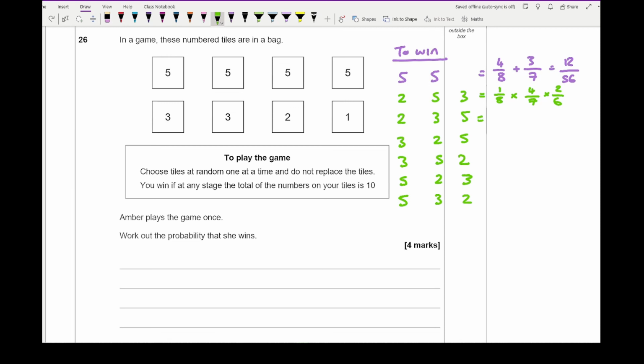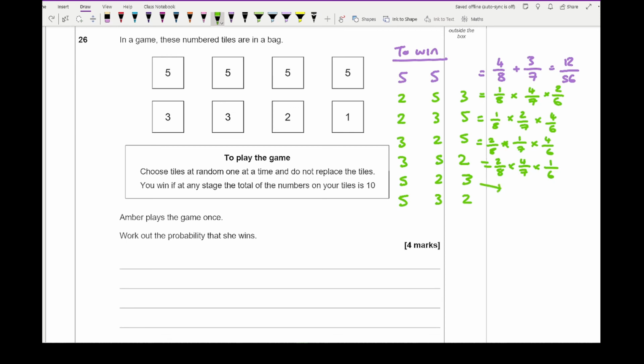Then for this one, we just have the same numbers. So we've got 1 over 8 times 2 over 7 times 4 over 6. This one we're going to have 2 over 8 times 1 over 7 times 4 over 6. For this one, we're going to have 2 over 8 multiplied by 4 over 7 times 1 over 6.